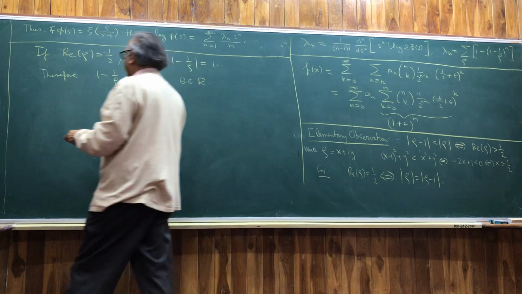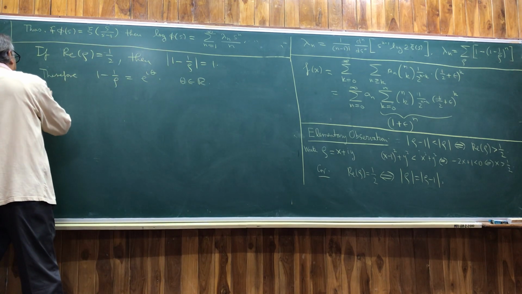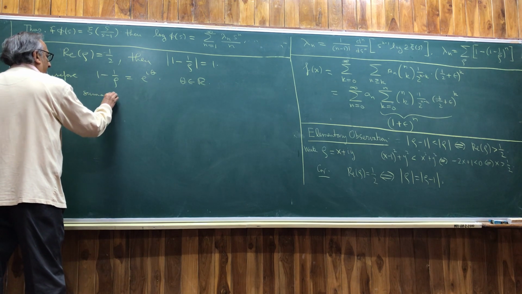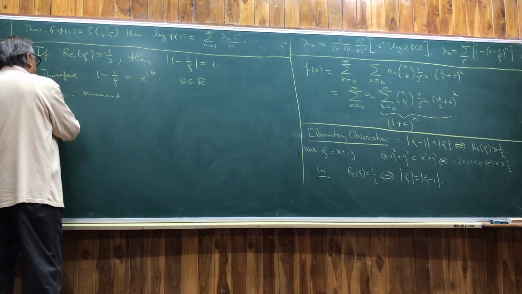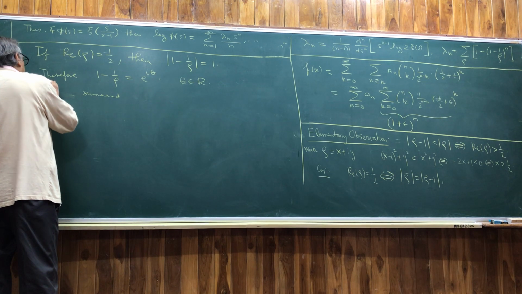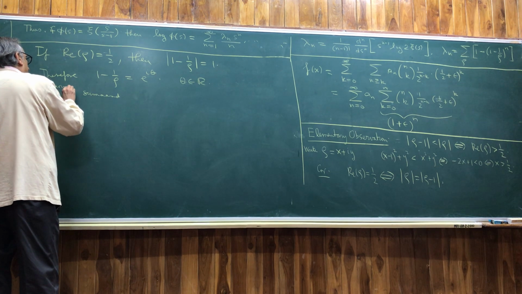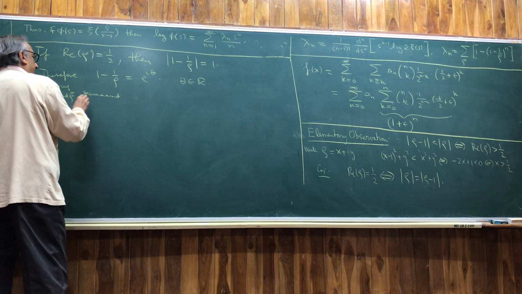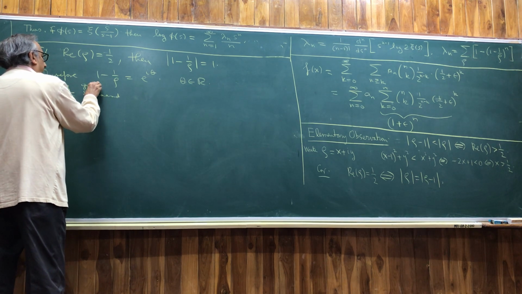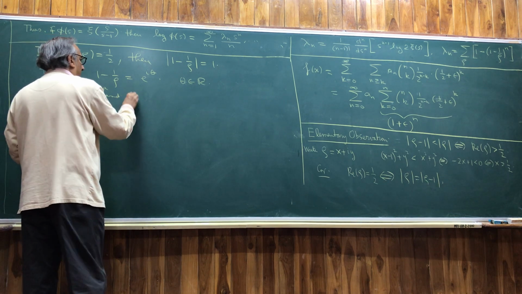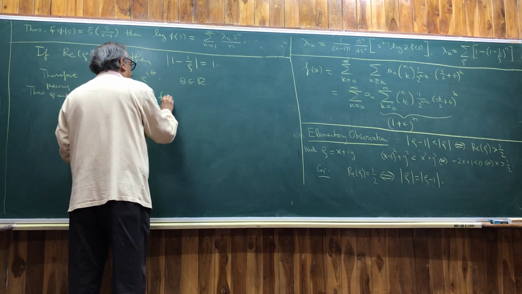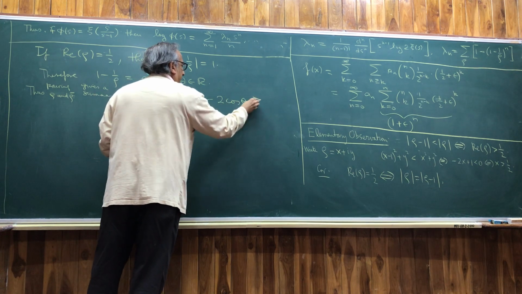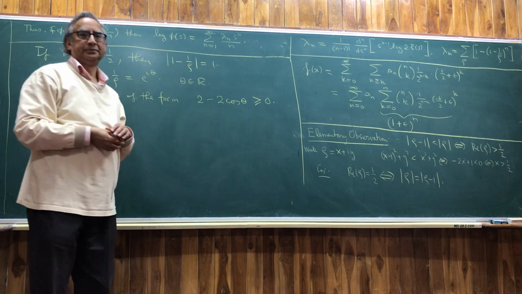Thus each summand, the paired summands, thus pairing rho and rho bar, gives a summand of the form 2 minus 2 cosine n theta, which is of course positive.